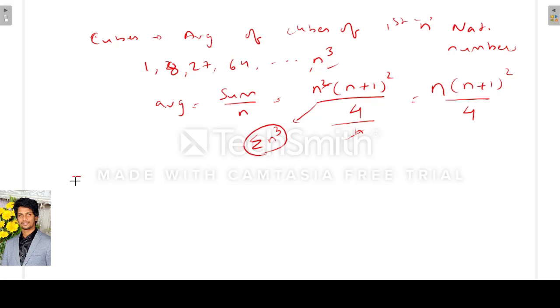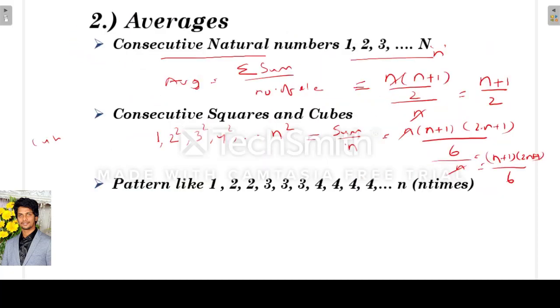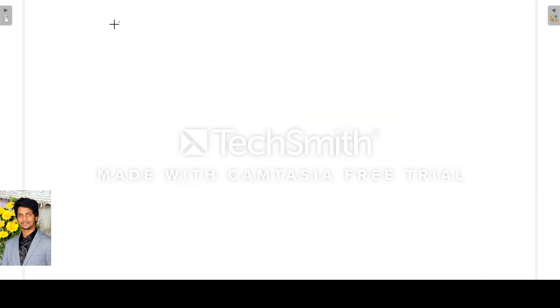Next there can be some patterns, like for example in the last slide. See the pattern goes like this: 1, 2 is there for 2 times, 3 is there for 3 times, and like this n is there for n times. We have to find the average.